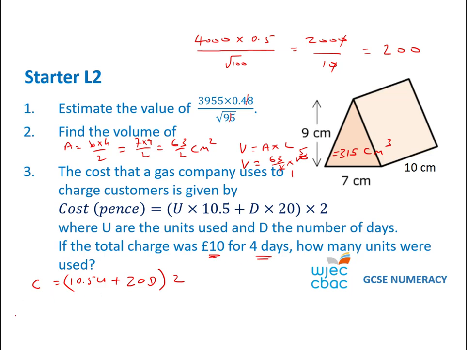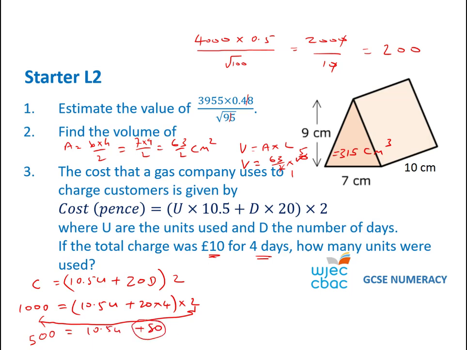So the charge is £10, but in pence, multiply 10 by 100, get 1,000, is equal to 10.5 U, which we don't know, we're trying to find U, plus 20 times D, which is 4 days, times 2. Now the 2, I can take straight underneath that. So that's going to give me 1,000 over 2, which is 500. 500 is equal to 10.5 U plus 80.